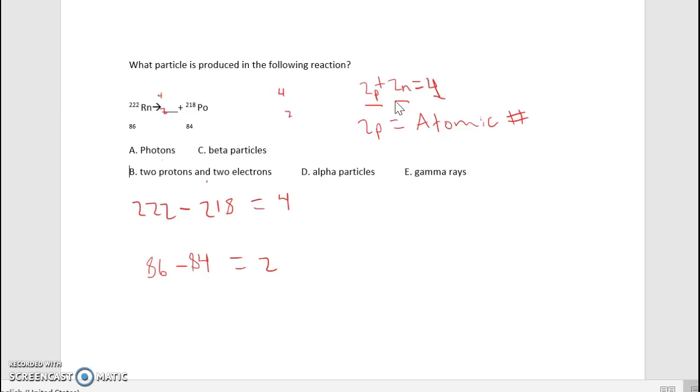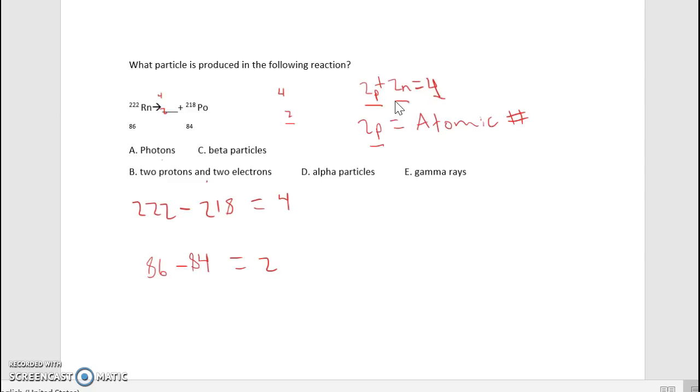And then we also know that the number of protons is usually the same as the atomic number. And as we see here, we have an atomic number of 2 for our particle, and we have 2 protons for our alpha particle.